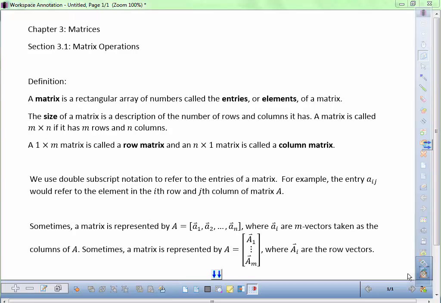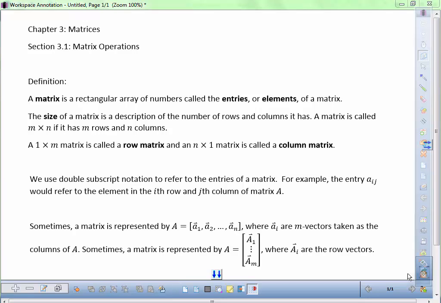M and n are the letters they use for these numbers of rows and columns, so it's a little confusing, and I'll try to make sure I enunciate the m and n properly. So an m by n matrix has m rows and n columns.